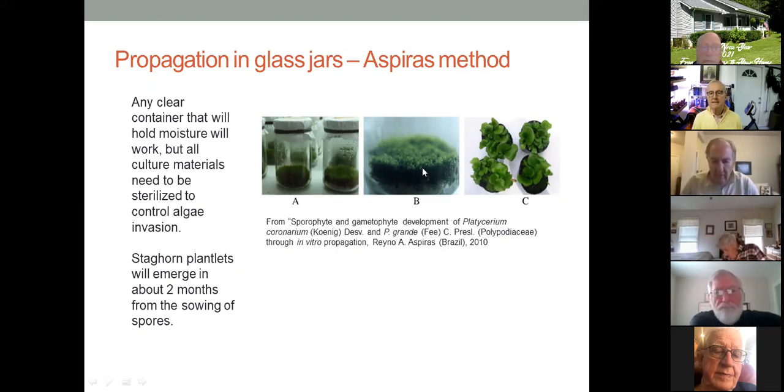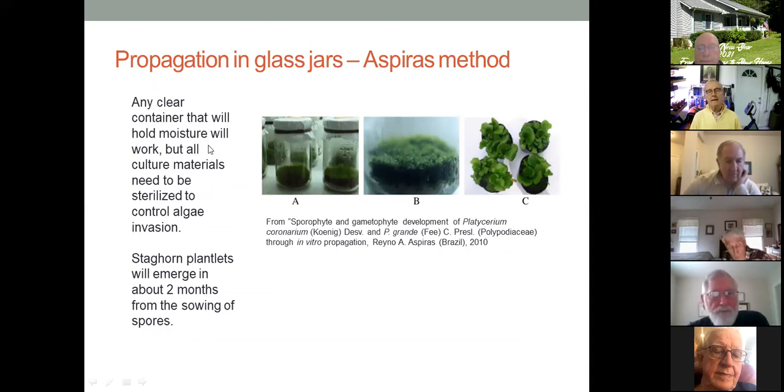In this case, this researcher did not use what I call the paintbrush method, and you can see the gametophytes here are very crowded. In this particular approach, the researcher actually lifted out pieces of these complicated mats and put them in pots. And then you can see here the diploid or sporophyte plantlets are hatching out from the little pots here.